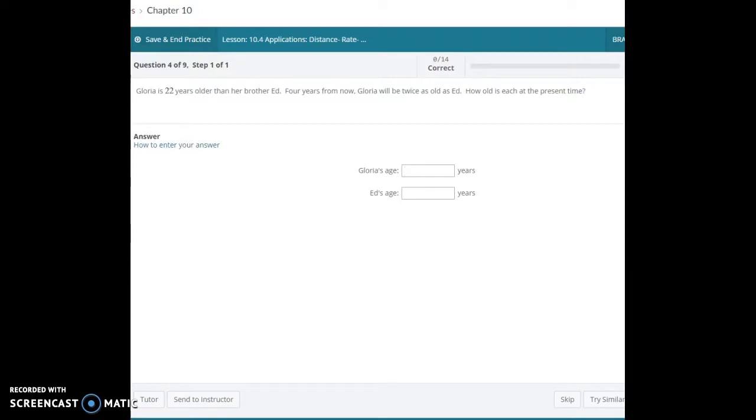So now let's go to the next one. Now, 4 years from now, I want you to remember that, but we're not going to deal with it just yet. Gloria, we've already said that her age is going to be g. Will be, well, that's the future tense of is, so that's going to be an equal again. Gloria will be twice as old as Ed. Well, we know that the word twice means multiply by 2.